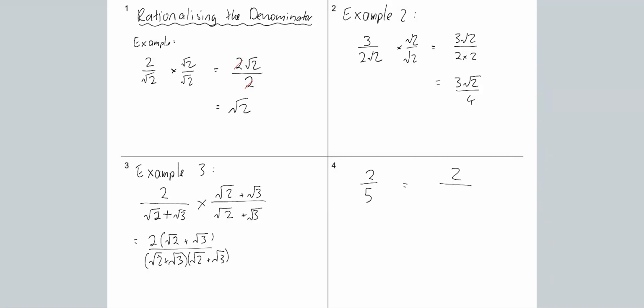I can't, for example, multiply this bit by 3 and multiply this bit by 2 and multiply this bit by 6. I can't do that. I end up getting 12 over 9 plus 4, which is 12/13. And I think we can all agree that 12/13 is absolutely not the same as 2/5.